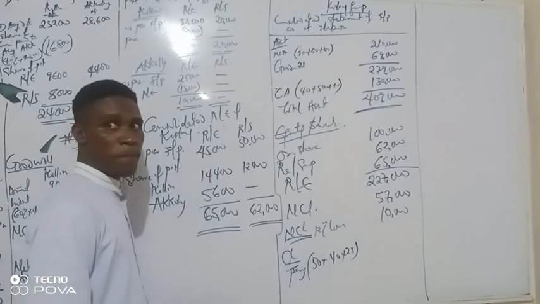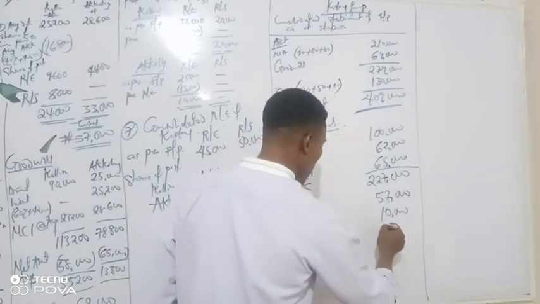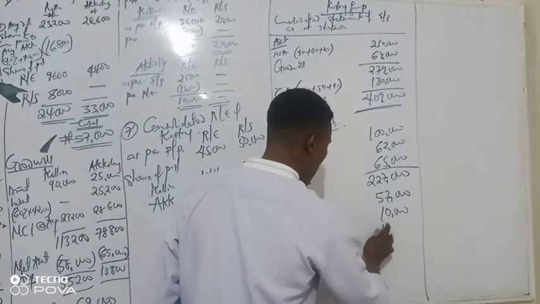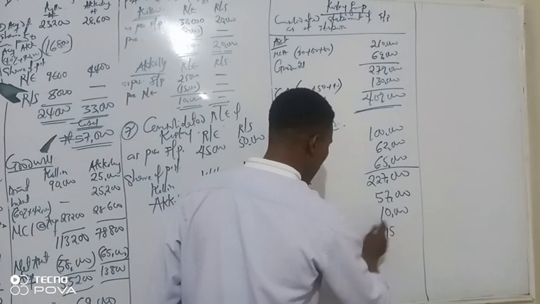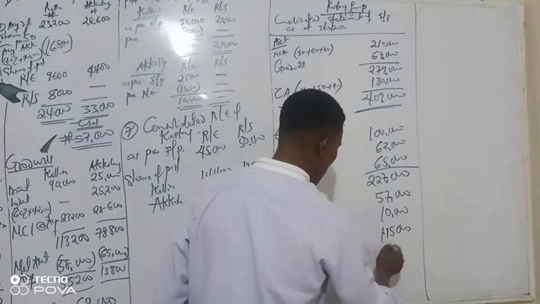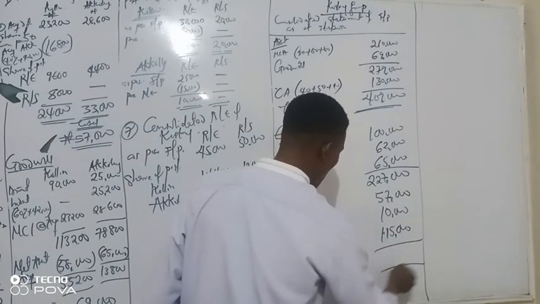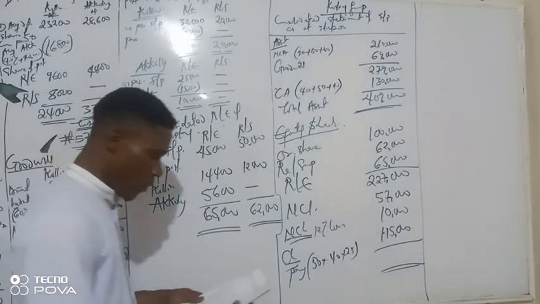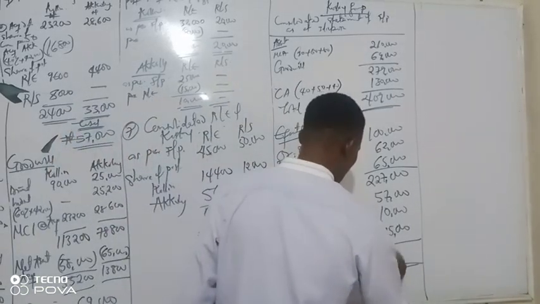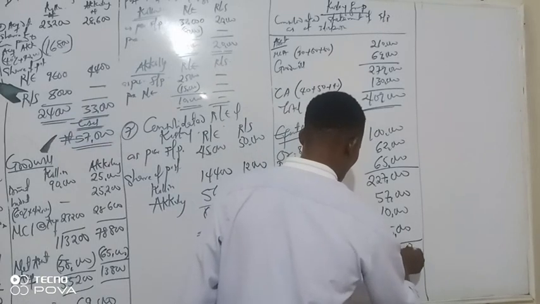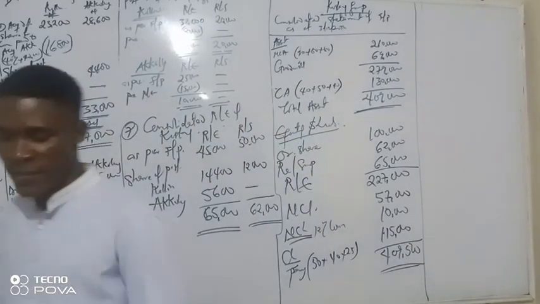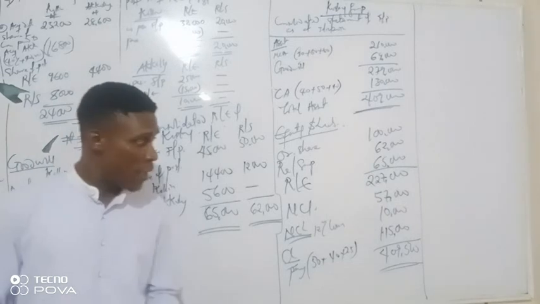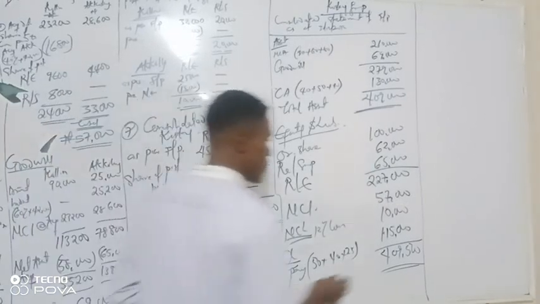What do you have in total? 115,000. So in total, 409,000. What balances in the end? 409,000.